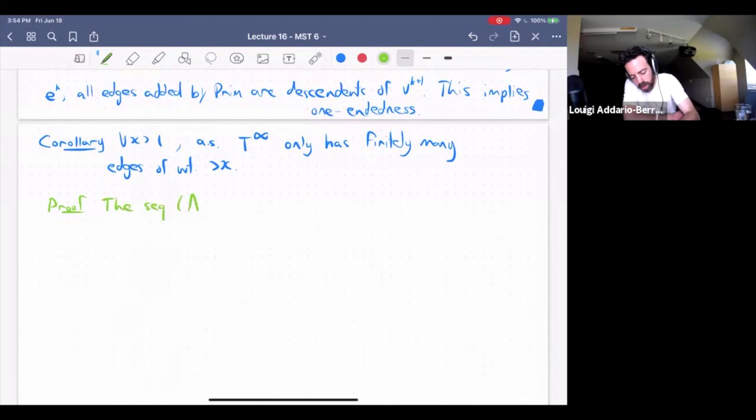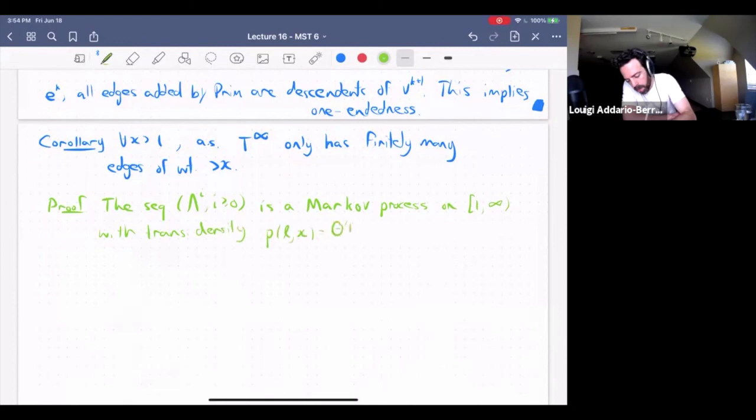If we look at these edge weights lambda i, we describe the conditional distribution of lambda i plus 1 given lambda i, and that gives us a Markov structure. So this is a Markov process on (1, infinity) with transition density p(l, x) equal to theta prime of x over theta of l, for x in (1, l).